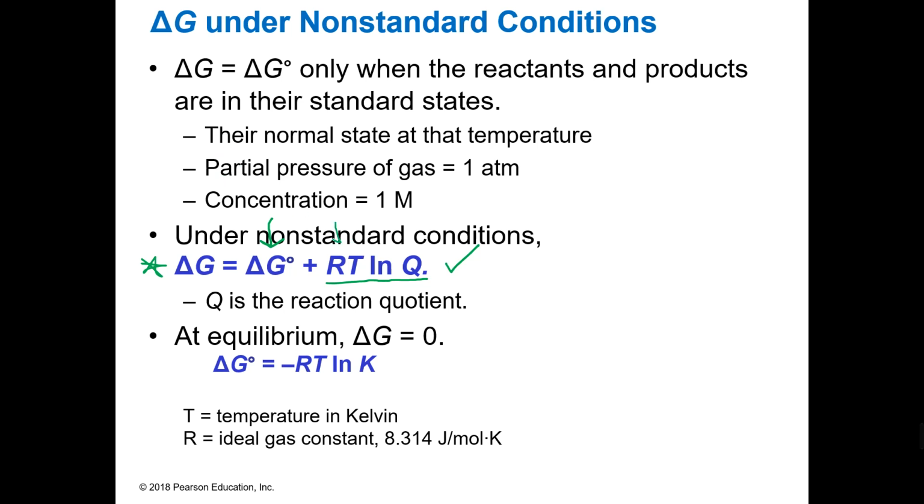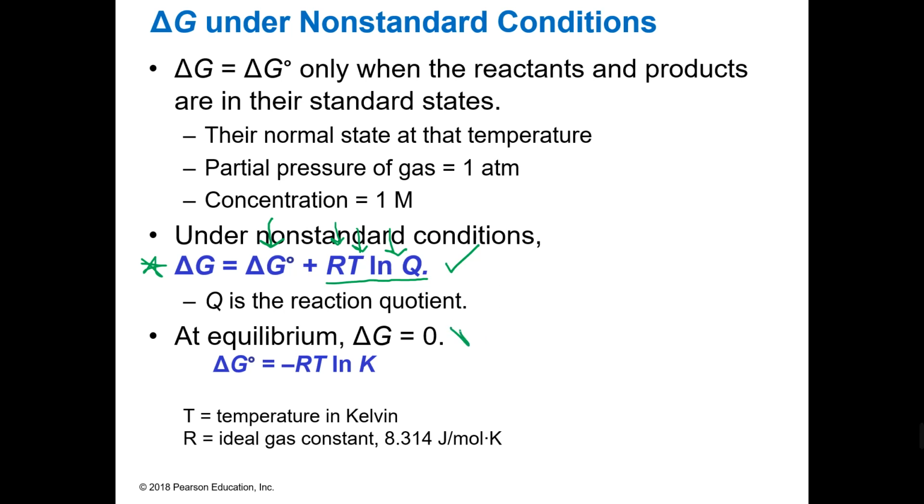R is our ideal gas law constant. T is our temperature. And natural log of Q, where remember Q is our reaction quotient. It is at any given moment in the progress of the reaction, not necessarily at equilibrium. It can be at equilibrium, but not necessarily. Okay.